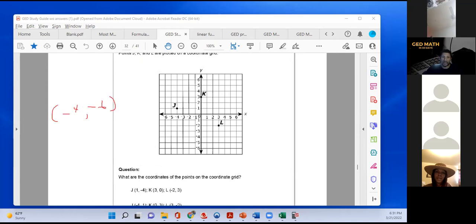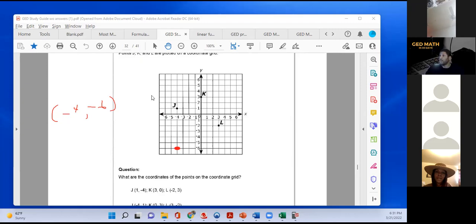Then you would take your point and move it to -4, -6. So that's common. They don't have it on the coordinate plane, but they give you the ordered pair, so you have to take that point and put it there.